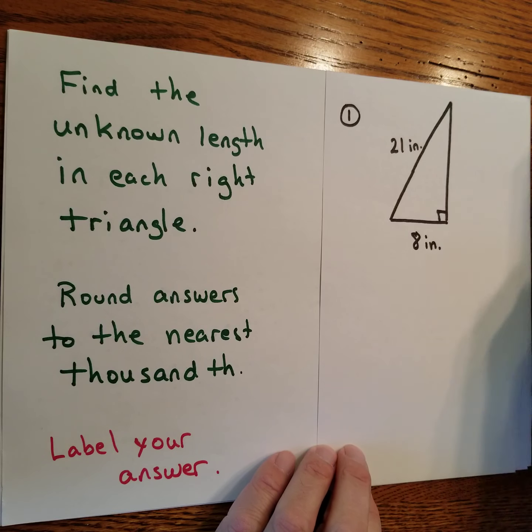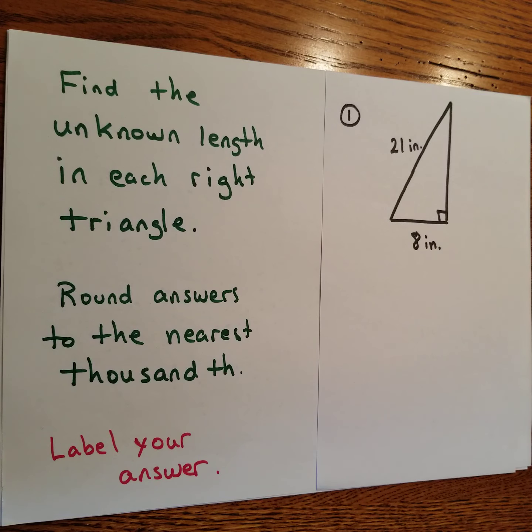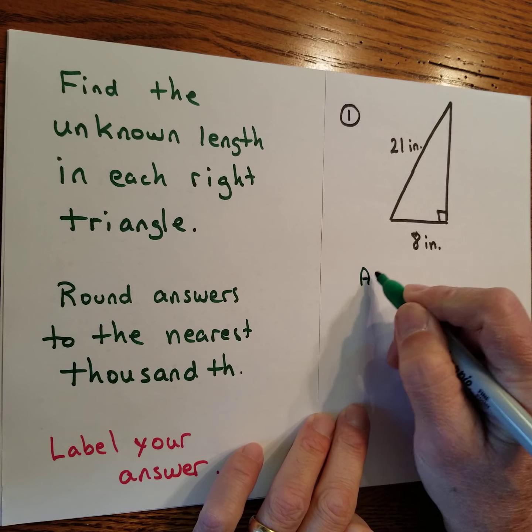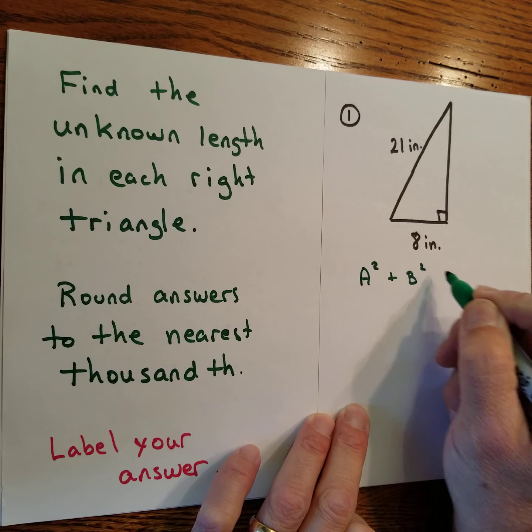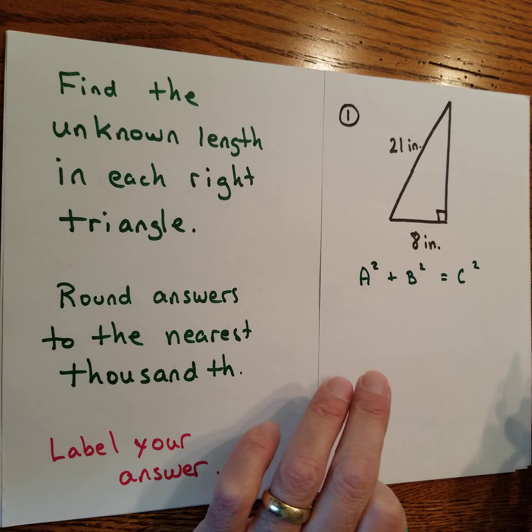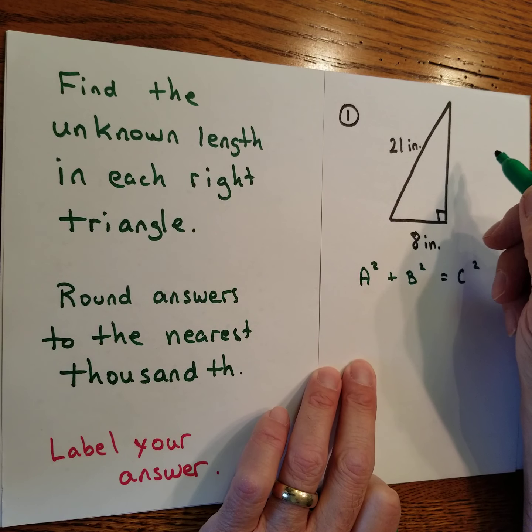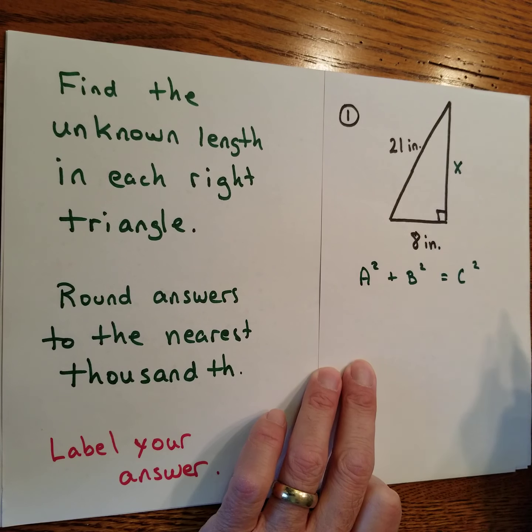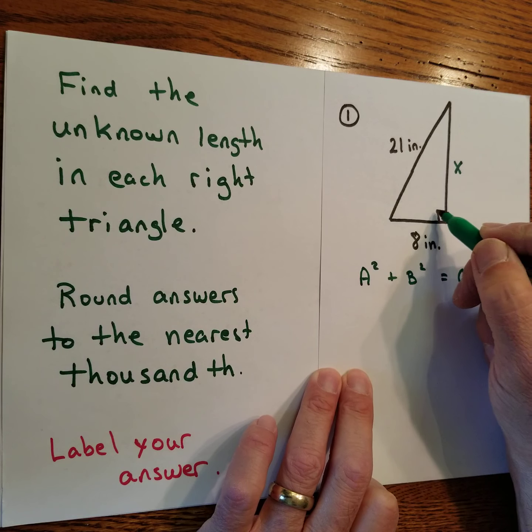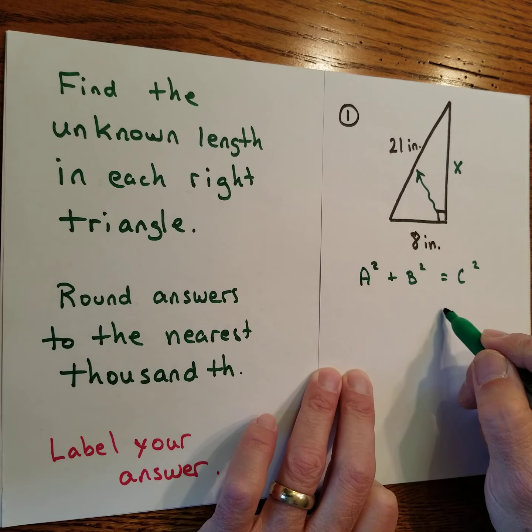For number 1, we'll set up a Pythagorean theorem problem. A squared plus b squared equals c squared. What we're looking for is this side. The 21 is the hypotenuse.